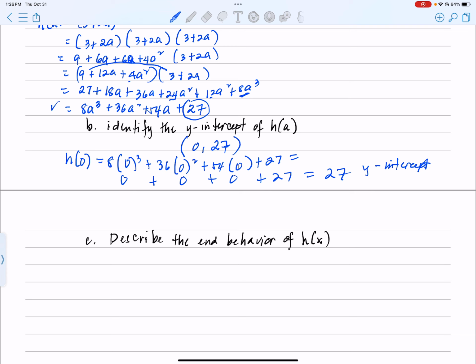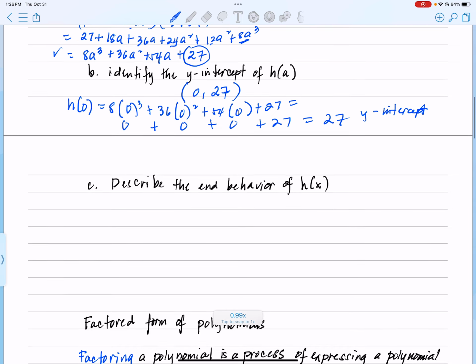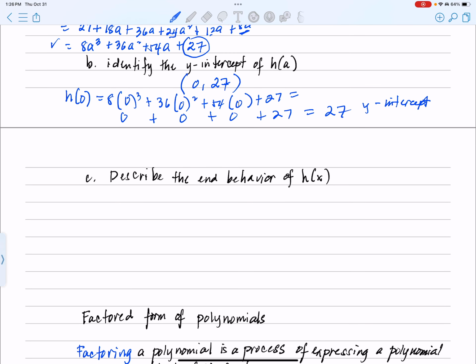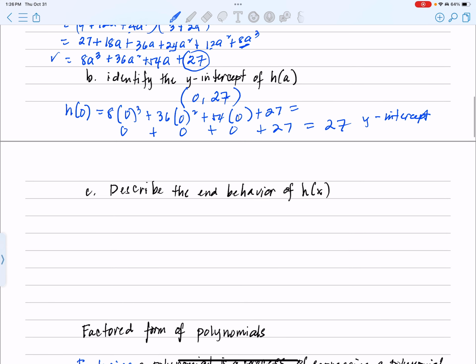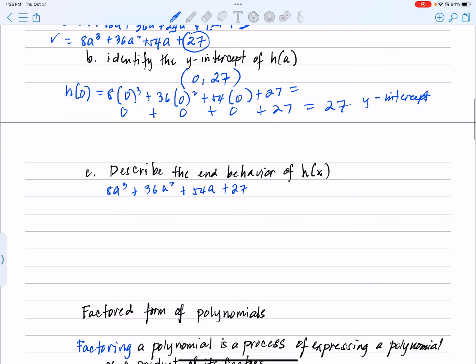Describe the end behavior of h of x. So let's go back. I have to look at our polynomial here. 8a cubed plus 36a squared plus 54a plus 27. Again, we have to review how to get the end behavior.